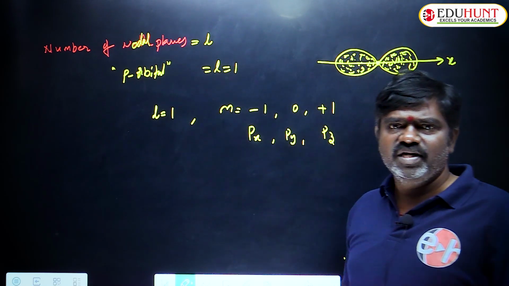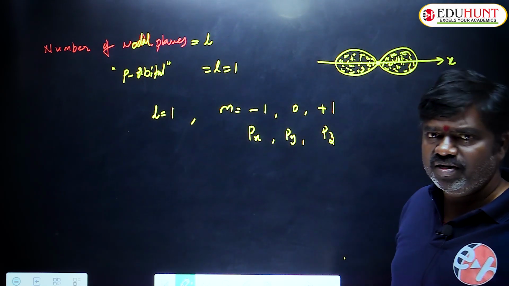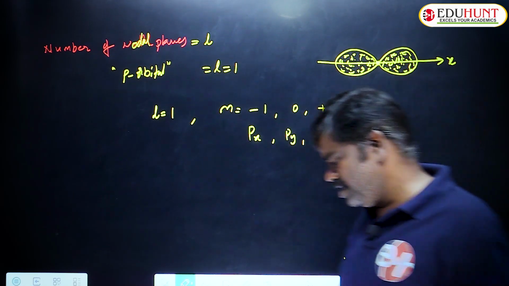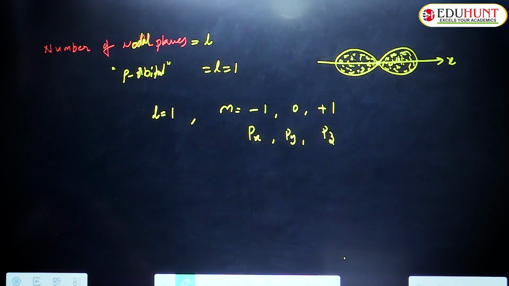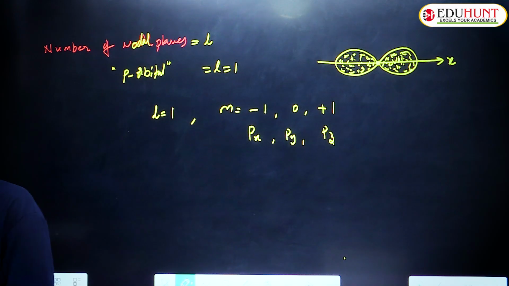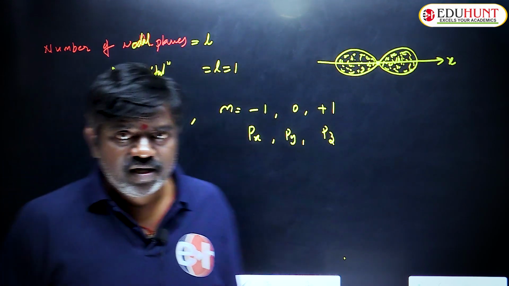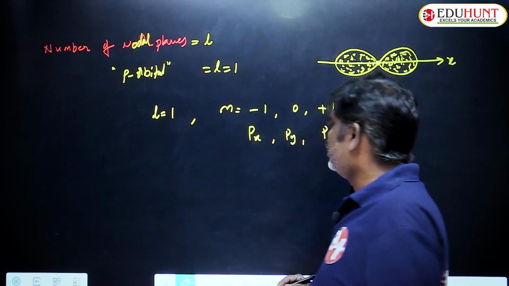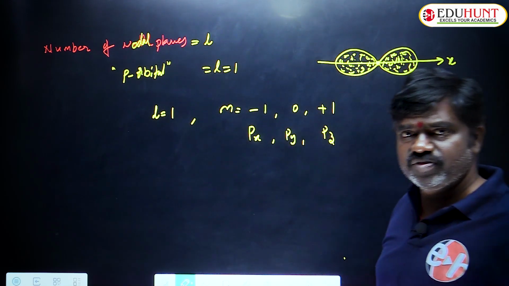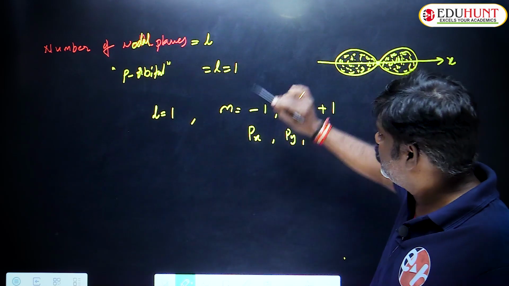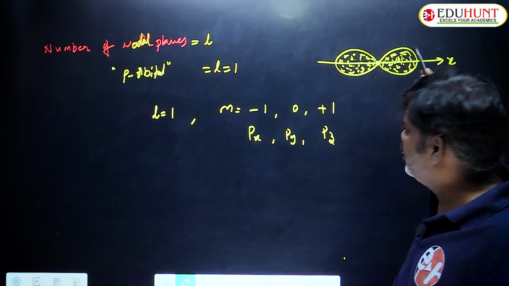Px has one nodal plane, py has one, and pz has one. The planes along the axis are explained based on the probability of the electron.